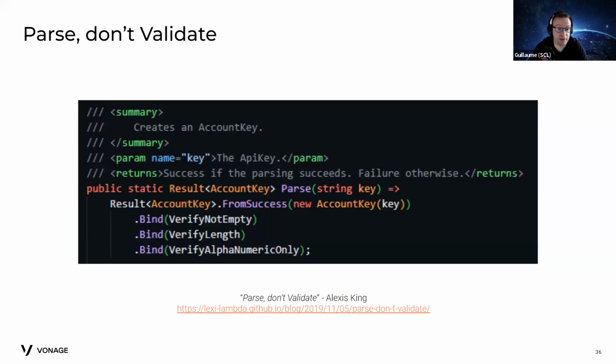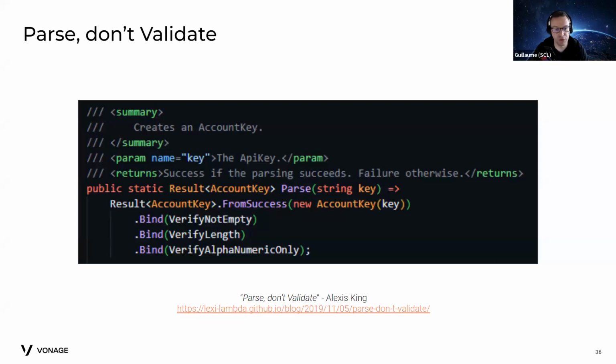He was talking about that. And here the idea is don't validate anymore. It doesn't mean do not process value validation, but do parsing instead of validation. Parsing is just a way to transform less structured input into a more structured output.